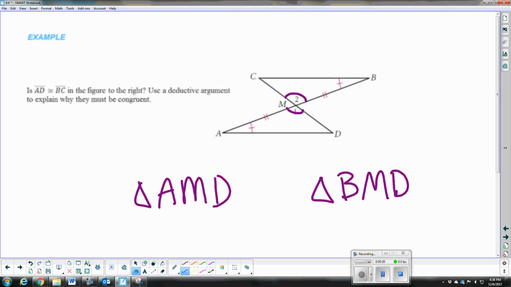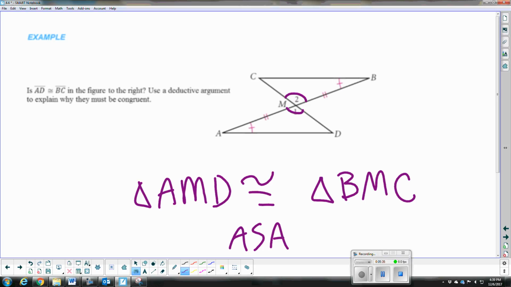And then the third letter of the triangle is D and C. Those should be A, M, D, and B, M, C. So we have a pair of angles, an included side, and another pair of angles. So these two triangles are congruent because of angle, side, angle.